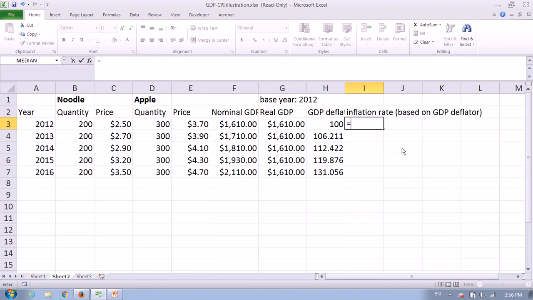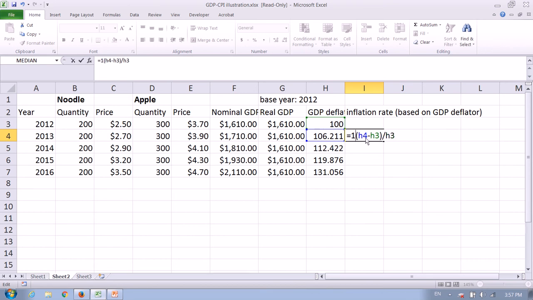So the inflation rate is percentage change of the GDP deflator, which is ending GDP deflator, which is H4, minus beginning GDP deflator H3, divided by beginning GDP deflator H3, and times 100 to make it a percentage.